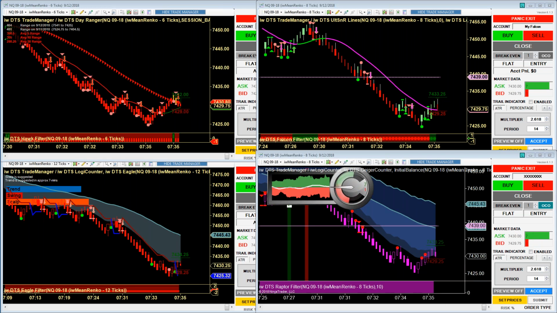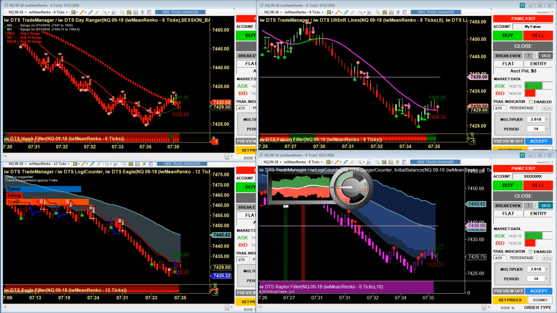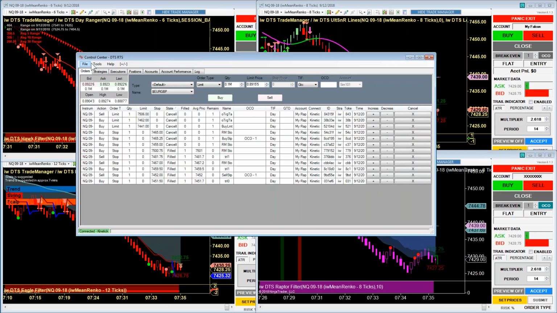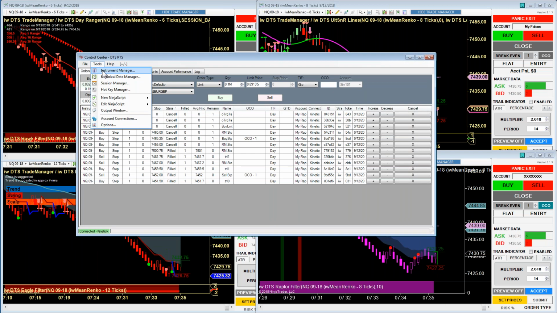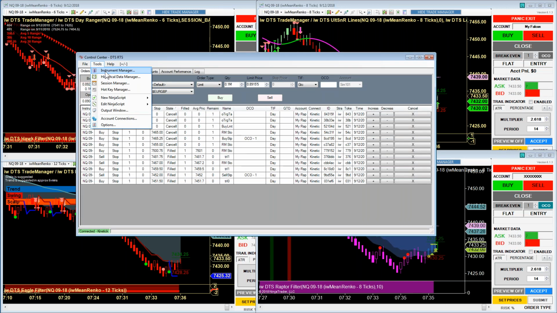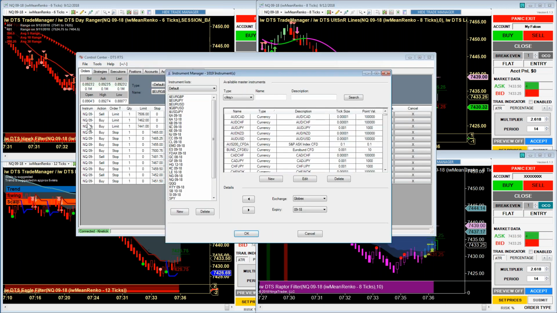Well, while we're waiting on that, I'll show you a quick way to update your current contract month, and that's simply by going here to your control center, finding your instrument manager. And then if you click on the market that is of interest to you, you click this little right arrow and click the left arrow, it will give you the most active contract month.